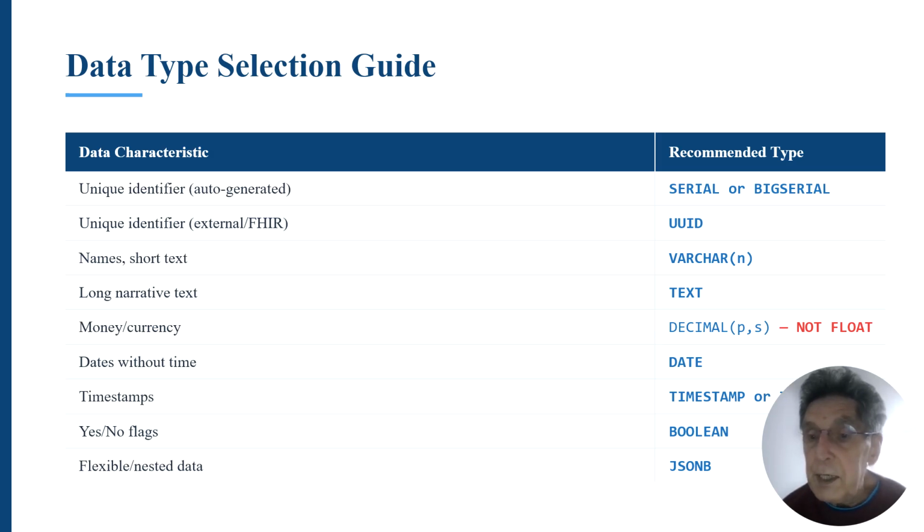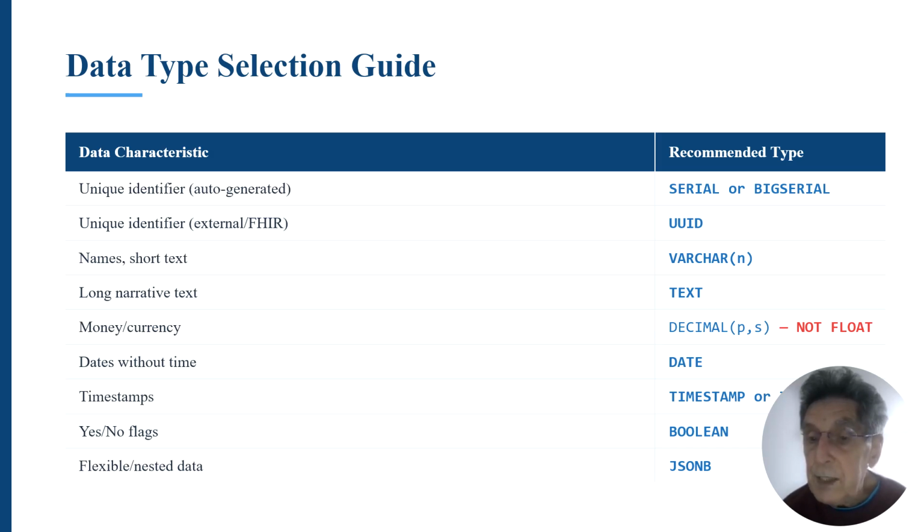For long text like notes and narratives, just use text with no practical limit. For money, use decimal of precision and scale, P and S. Never use float. Financial accuracy is non-negotiable. For dates without time, just use date. It's simple. No time zone confusion. For timestamps, use timestamp or timestamp Z with the time zone incorporated.